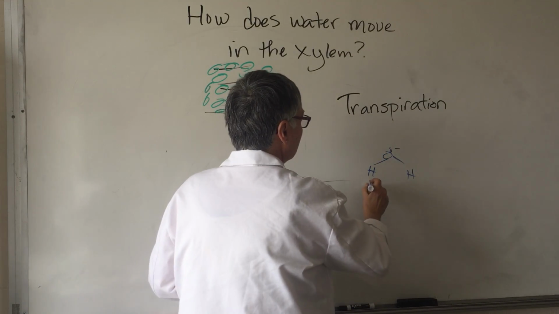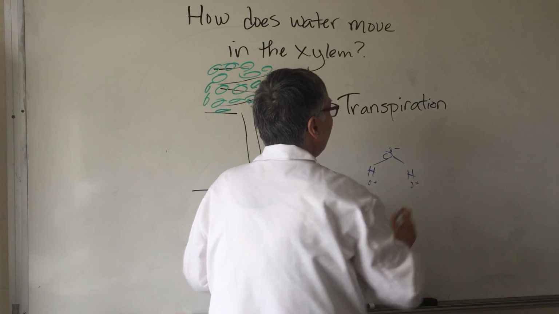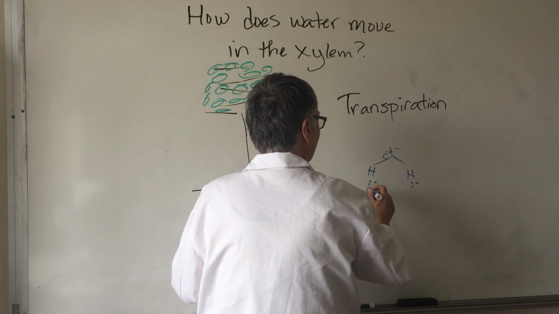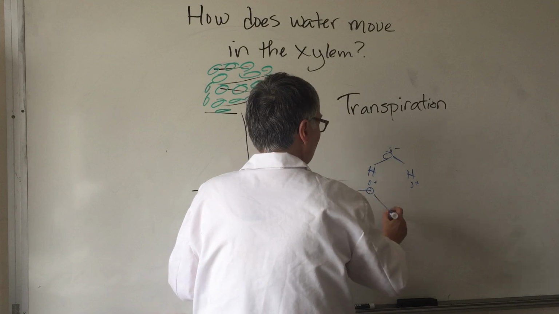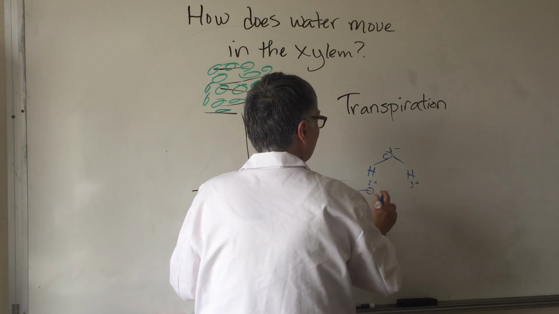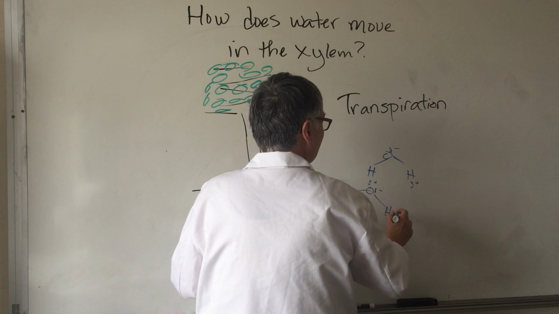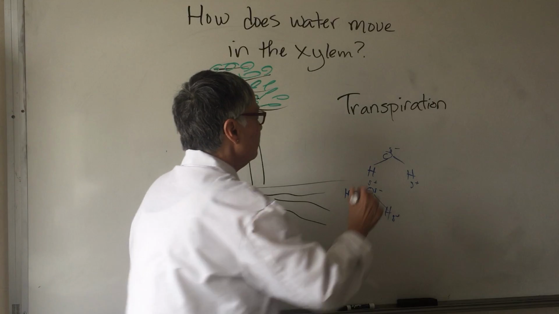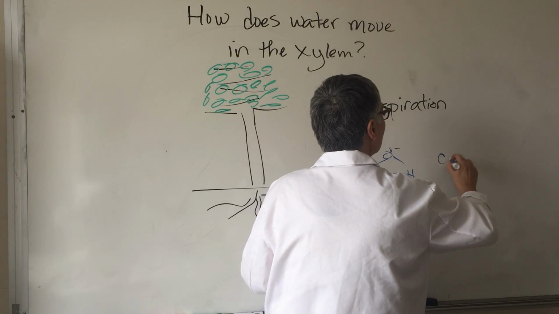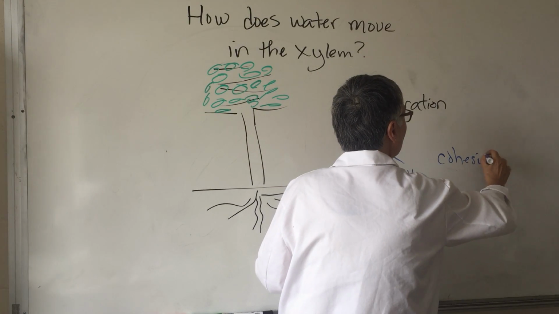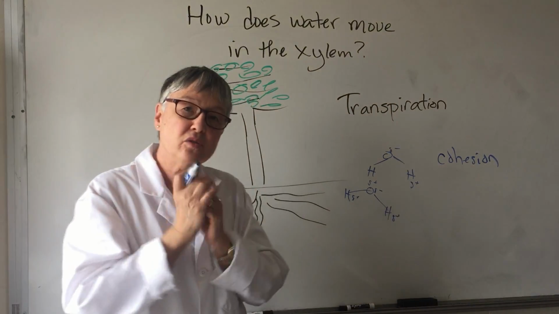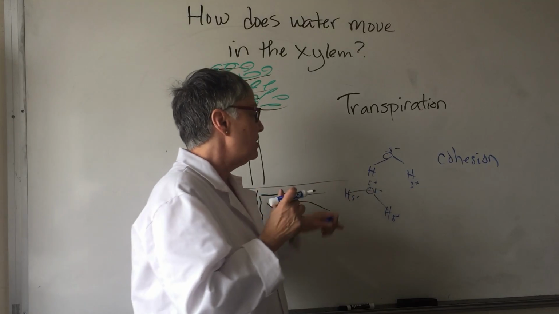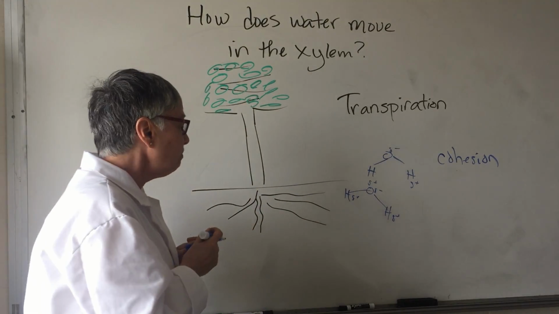So there's partial positive and partial negative areas, and water molecules tend to adhere to one another because of those opposite charges, and we call that cohesion. That's when water molecules bind to each other, and the force is called a hydrogen bond.